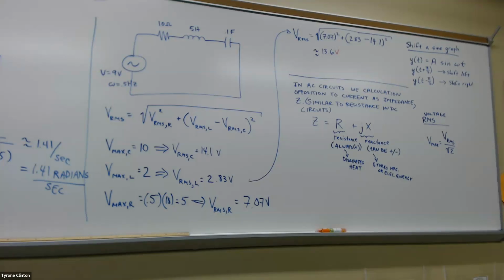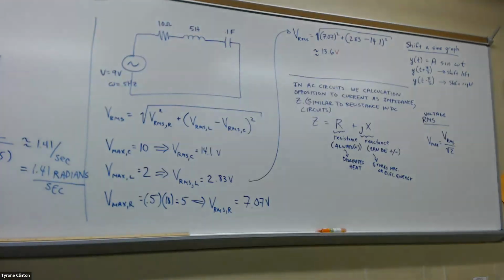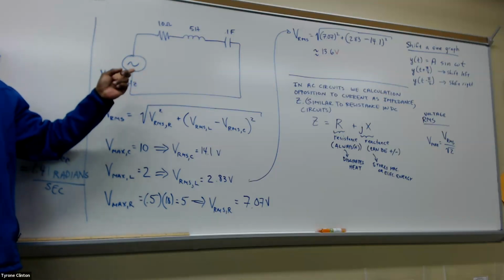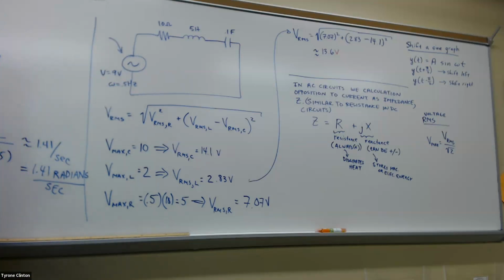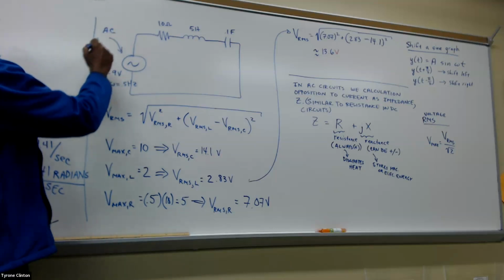We're going to try and put all three of these things in series initially. Now, the new characteristic that we're going to look at comes by way of an alternating current or an AC circuit. So we're kind of moving from a DC circuit where we have a battery and it has sort of a direct constant current to an alternating current. So this is our symbol for an AC current.